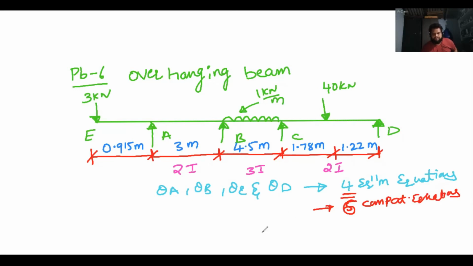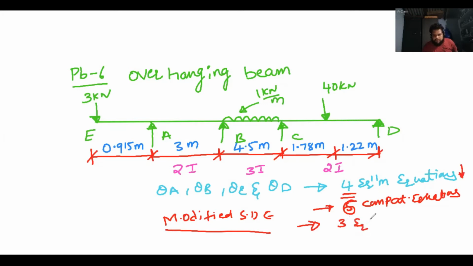But if you use the modified slope deflection equation, what happens? These 4 equilibrium equations will be reduced to 3 equilibrium equations, and the 6 compatibility equations will reduce to 5.